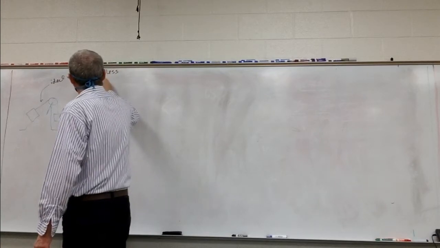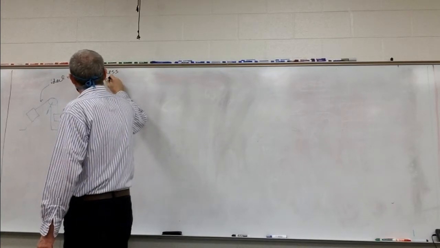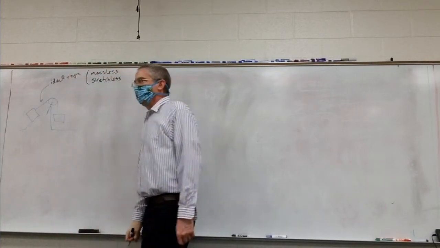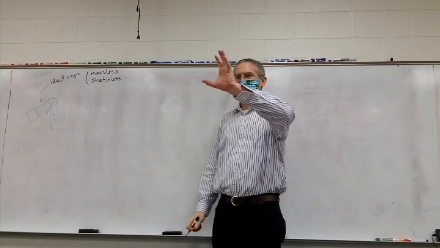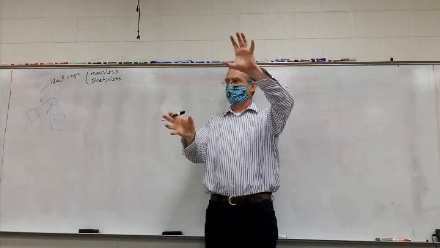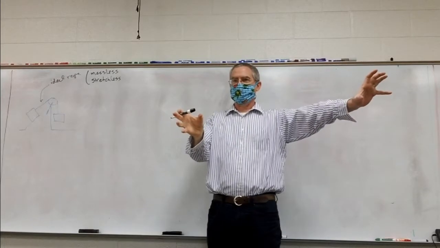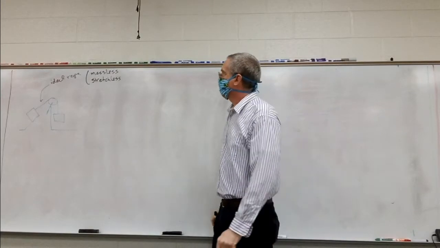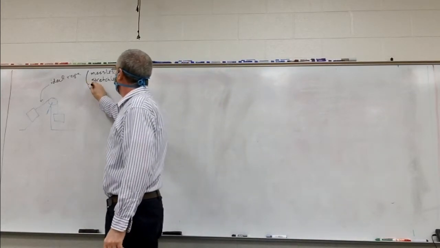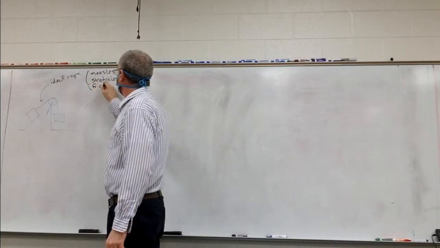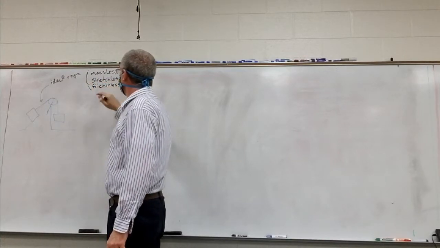Number two, it is stretchless. So I'm not going to have one mass moving and the other mass staying still. It's not like a rubber band where I can have part of it moving and part of it not moving. And frictionless.